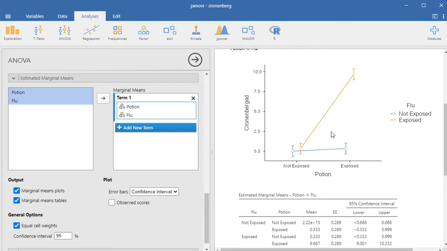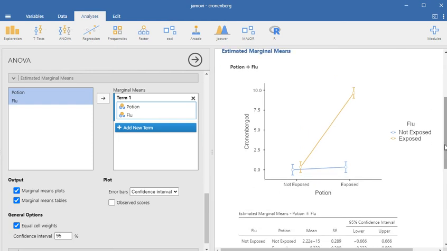One way you know that you're dealing with an interaction is if, when you plot out the marginal means plots for your two independent variables, they're not parallel. If there were no interaction, these lines would be parallel lines, but you can clearly see they are not. So that tells you you've got an interaction. These lines are non-parallel, and in this case, very noticeably so.